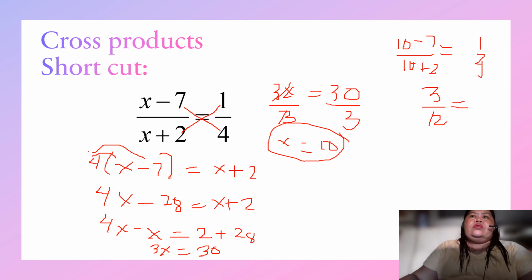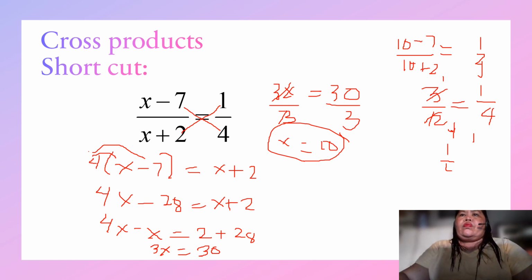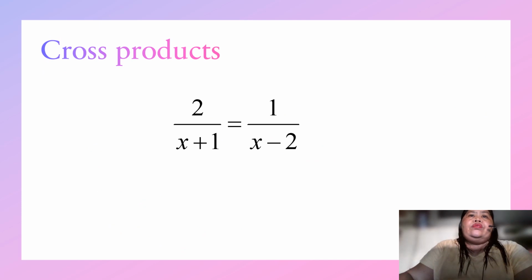This is correct because if we get the GCF of 3, this is 1 and this is 4. So we get 1/4 is equal to 1/4. Okay, correct.